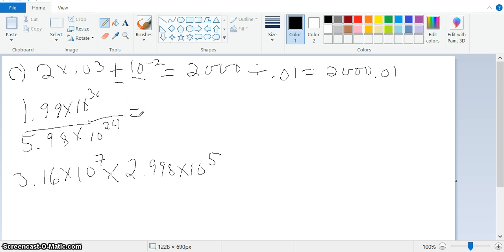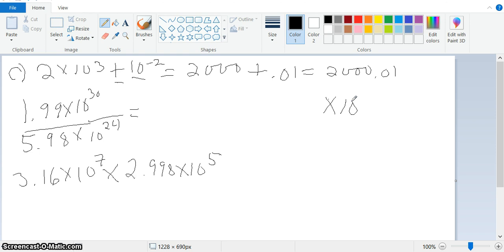All right, and the next one, you need a calculator to do. This is 1.99 times 10 to the 30th divided by 5.98 times 10 to the 24th. To do this, make sure you know how to use your scientific calculator. For example, just to let you know, if you have a Texas Instrument, anytime you're doing times 10, you never hit times, you never hit 10.